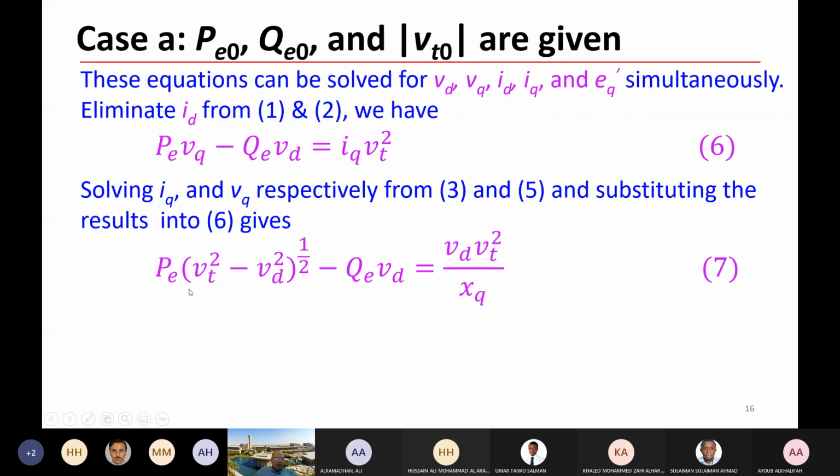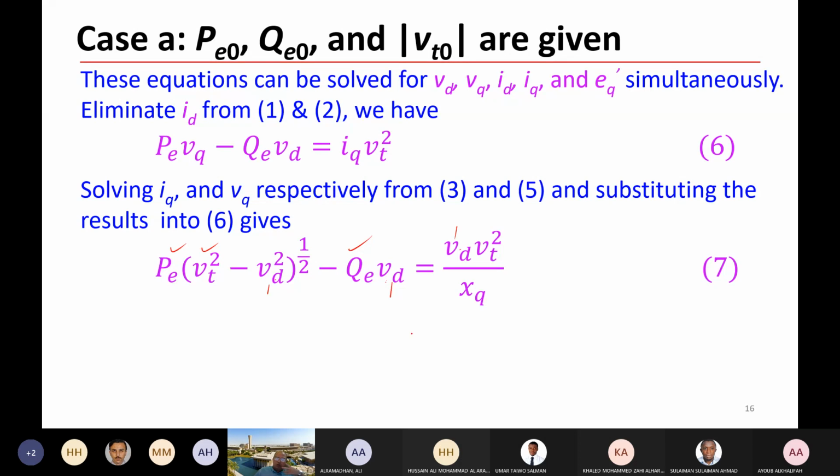After this, we can have such an equation, where this is known, this is known, we need this, which is the same, and this is the equation of only one unknown that we have here. The QE is known, the XQ is known. So all the quantities are known except VD.